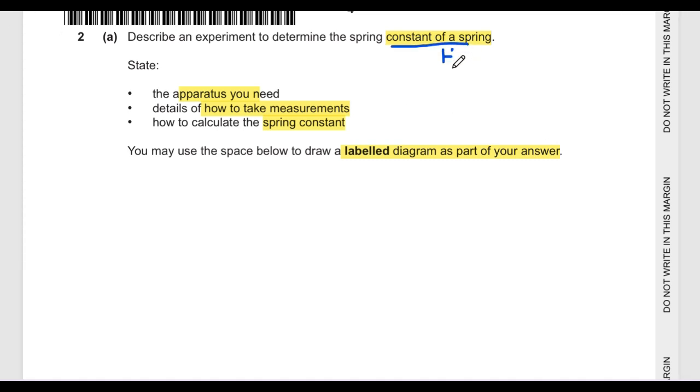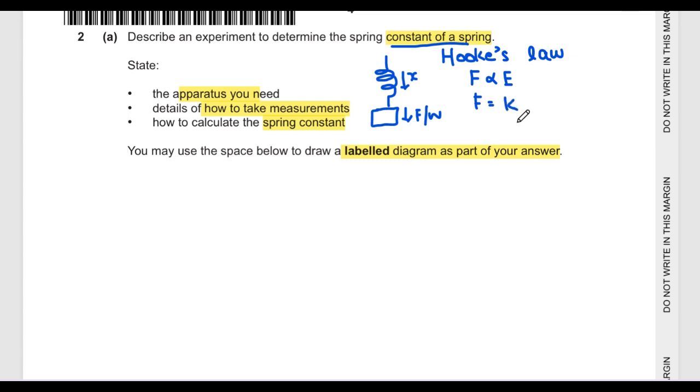So, we have to determine the spring constant. For this, we need to know what is Hooke's law. Hooke says that force is directly proportional to extension produced. That means if we have a certain elastic thing, let us say a spring, and we apply some force to it, this spring will extend to a certain limit, and this extension would be directly related to the force that we have applied.